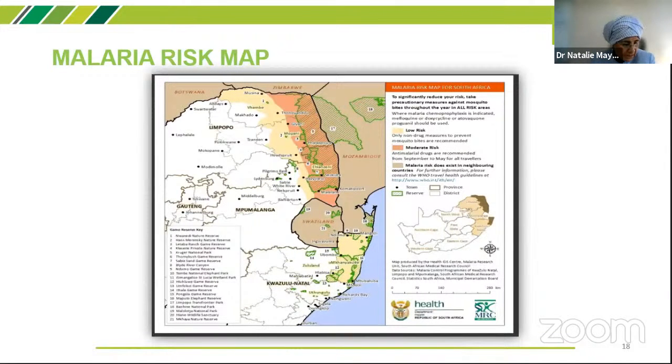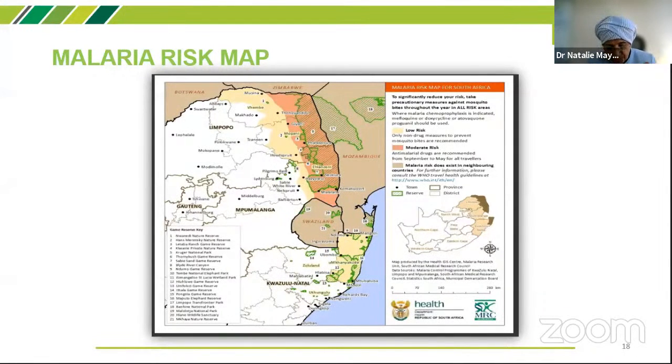This is a malaria risk map, and I've cited this as courtesy of the Medical Research Council, but this is a plot map of all the areas in the country where there is occurrence of malaria. We dot every area that identifies a low, moderate, or high risk malaria burden, and this informs whether you take prophylaxis or not.